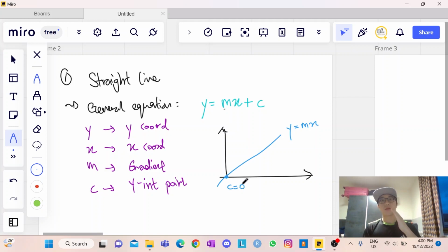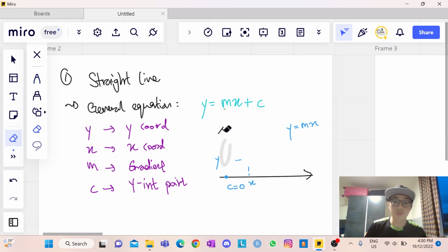So when the line crosses the origin, c equals 0 and there is no height for the line. So it's just y, and the y value depends on the slope of the line and the x coordinate. It's just a simple overview of the equation of a straight line.